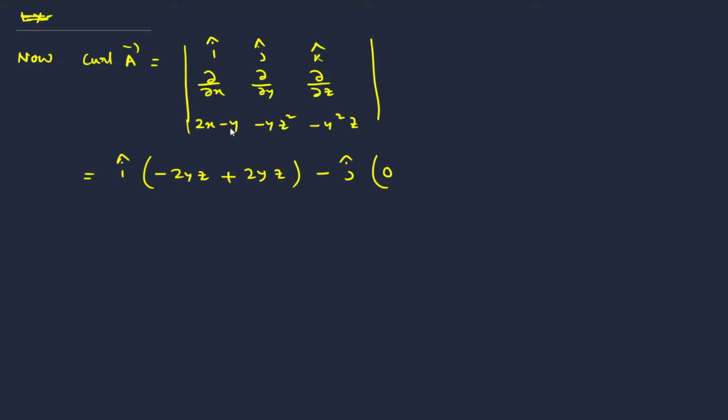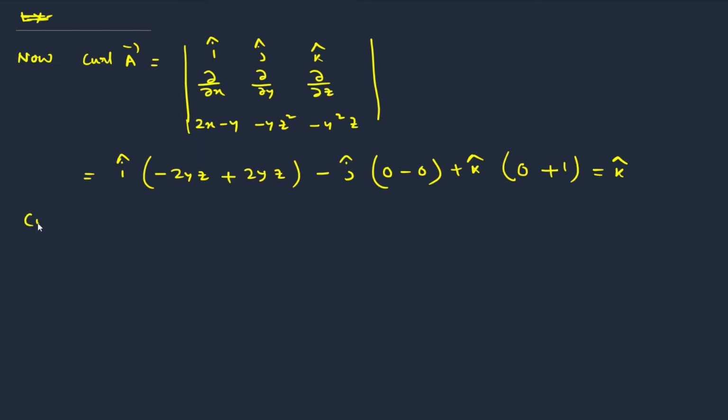Del z of 2x minus y, there is no z, so it will become 0. Finally, k cap into this row, this column vanishes. So del x of this, there is no x, so again 0, minus del y of 2x minus y, we will get minus 1. So minus minus 1, so you have simply k cap. Okay, only k cap we have.